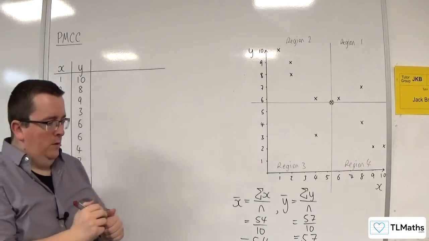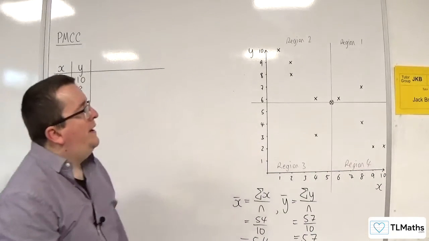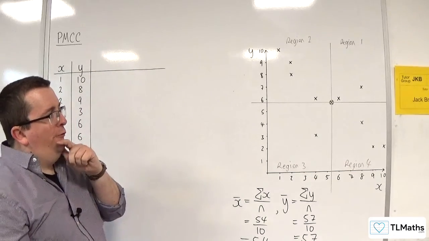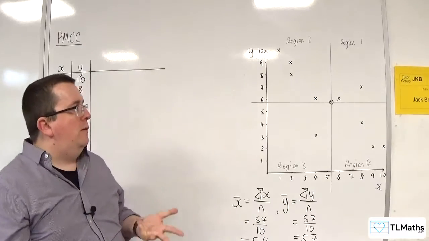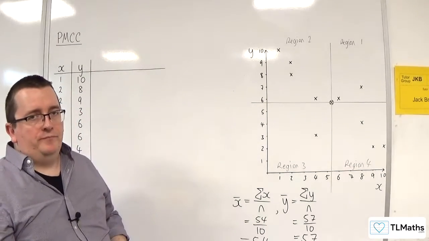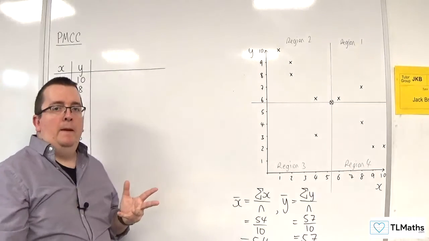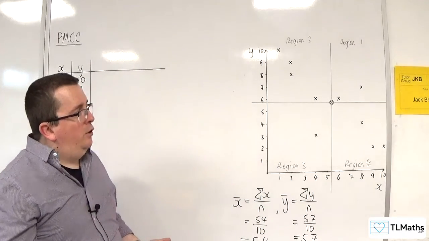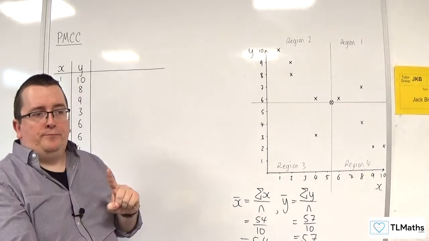Okay, so what we're going to then look at is how far each of these data points is away from its mean position. So we want some kind of measure of that. Now, when we were doing the standard deviation, we would look at x take away x bar.